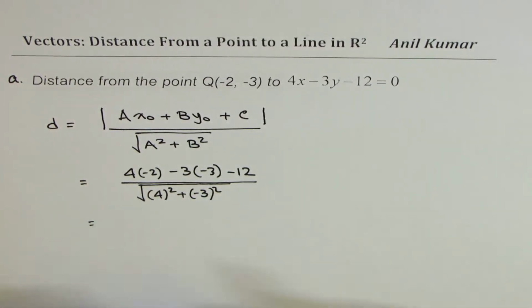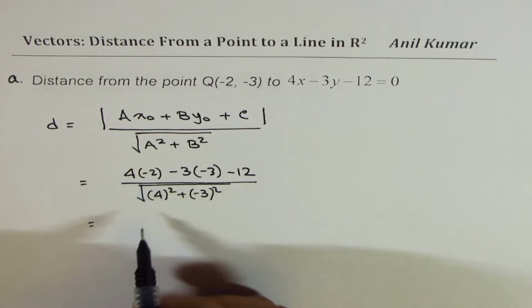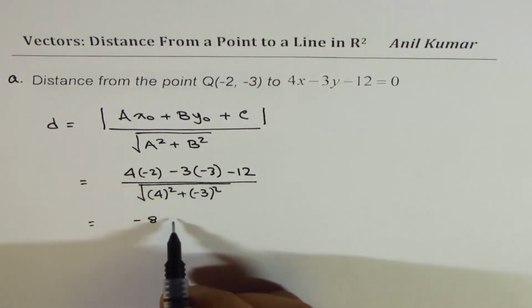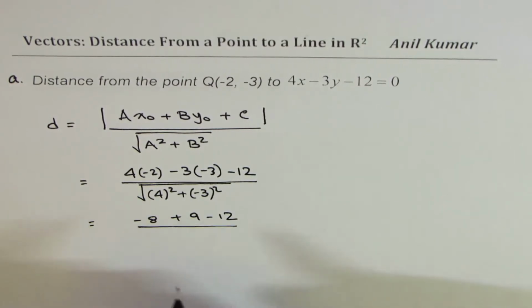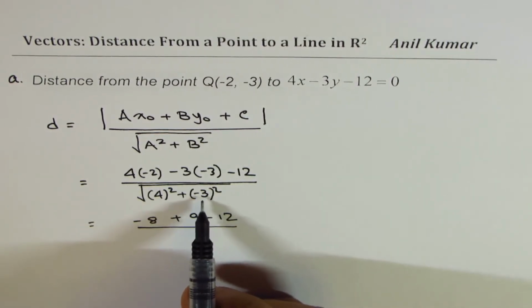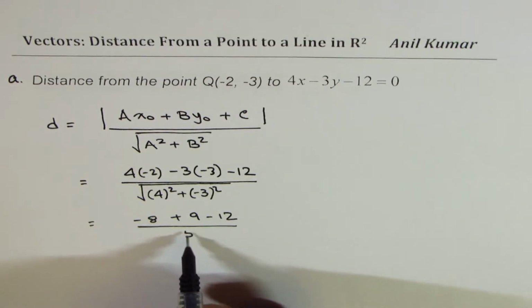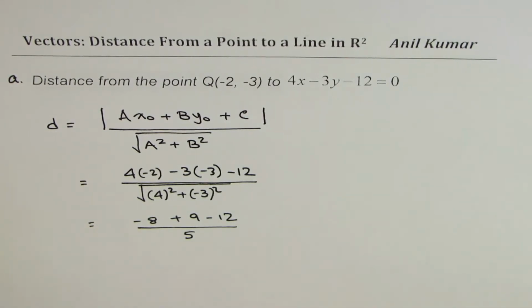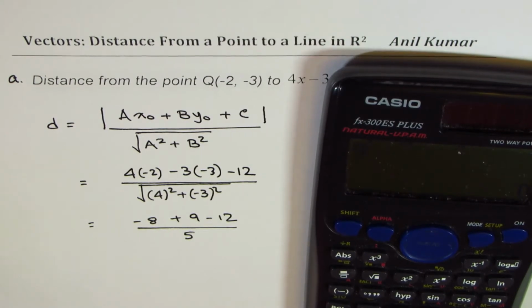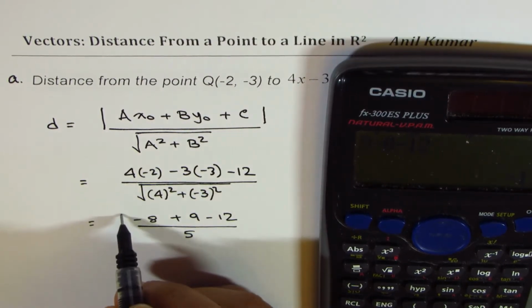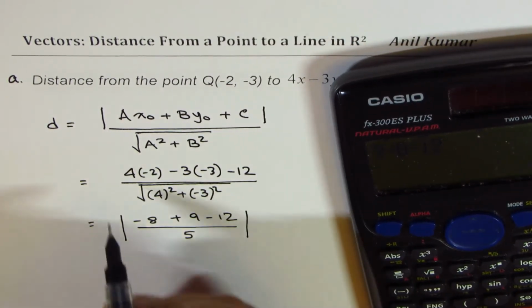So we can use the calculator. 4 times -2 is -8, -3 times -3 becomes +9, minus 12, over the square root of 16 + 9, which is 25, and the square root is 5. So you have -8 + 9 - 12, which is a negative number, so don't forget to write down the absolute value.